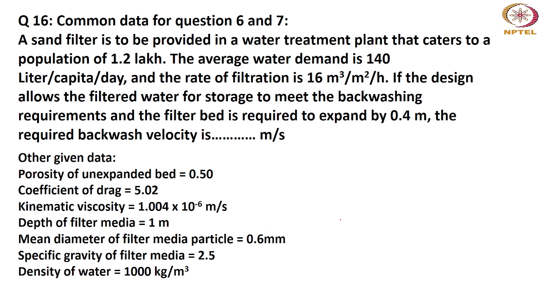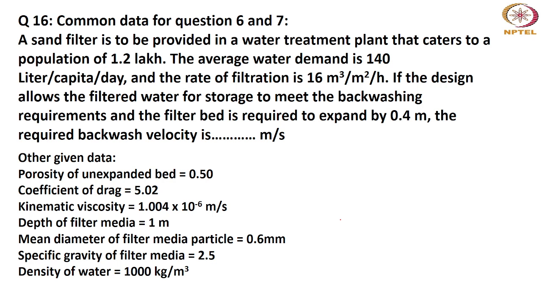The design allows the filtered water for storage to meet the backwashing requirements, and the filter bed is required to expand by 0.4 meter. The required backwash velocity is what, in meter per second? You have some given data.